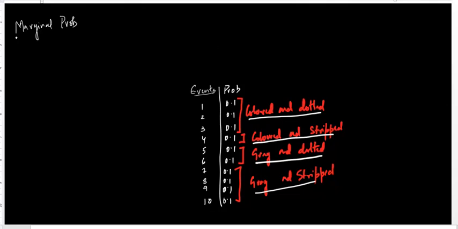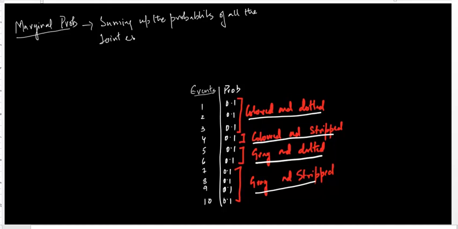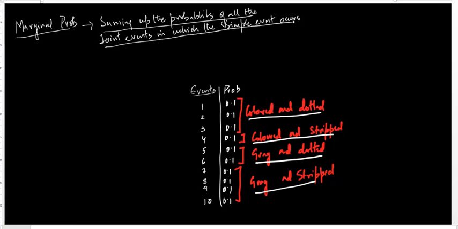Marginal probability under the condition of statistical dependence is calculated by summing up the probabilities of all the joint events in which the simple event occurs.